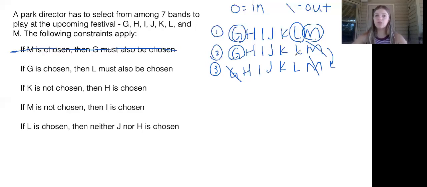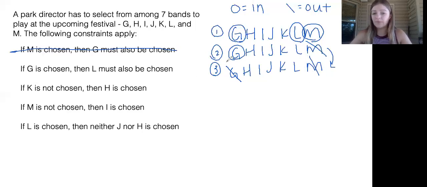The reason that we create the second world before we circle or slash in our original world is so you can get an idea of, okay, what were my original variables? My original variables I knew were M, that M was out basically. But if I had decided to just circle G in world number 2 before making my world number 3, and then I apply the rule, okay, L is also circled, then when I go to make my copy, I might be like, crap, I don't remember which one was originally there, because technically L was not circled in my original world.